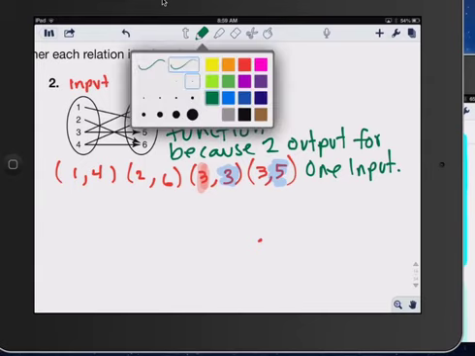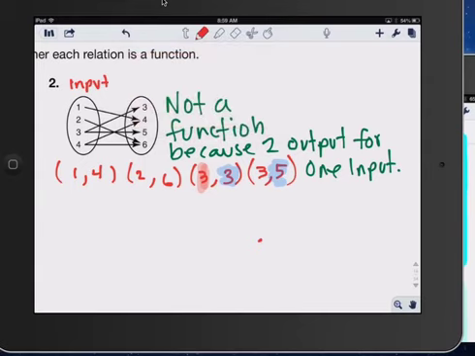You write it down. You still write the ordered pair down. And the next ordered pair is 4, 6. So which input resulted in 2 answers? 3 and 4.